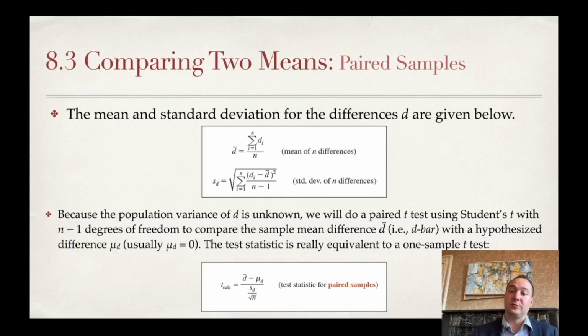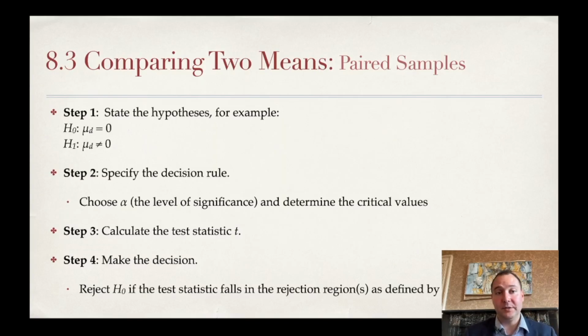The test statistic is really equivalent to a one sample t-test. So when using paired samples, step 1 is to state the hypotheses. Here's an example: mu D, the difference, is 0. The alternative hypothesis is that there is a difference between the two samples. Specify the decision rule.